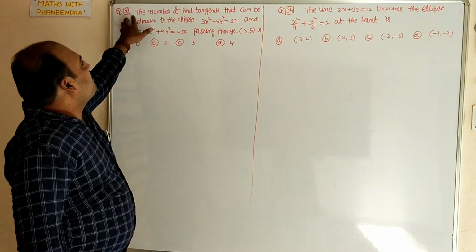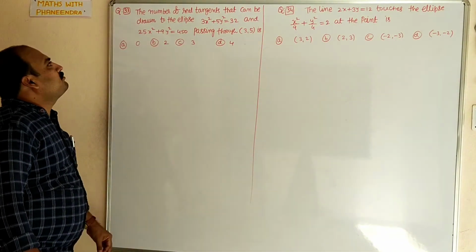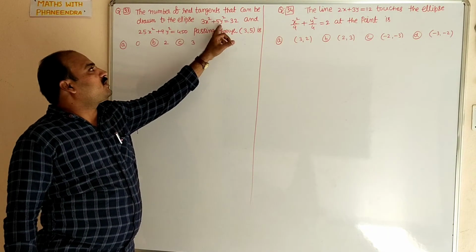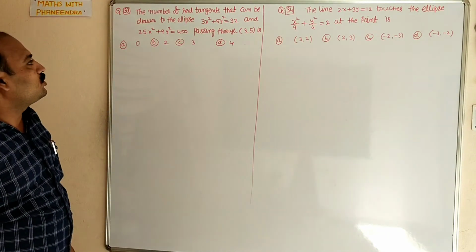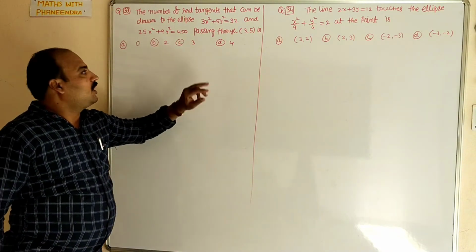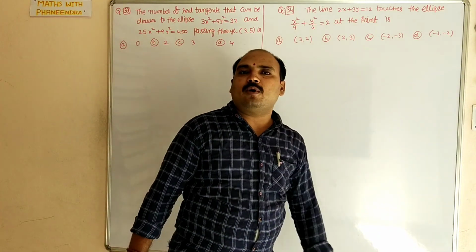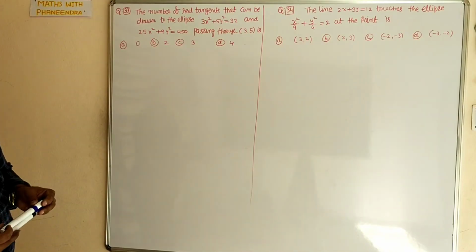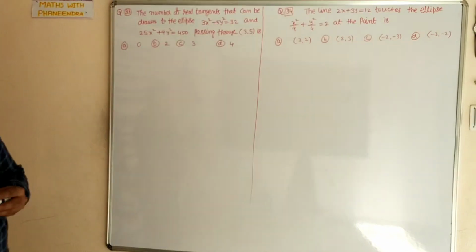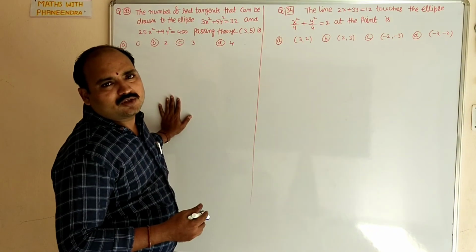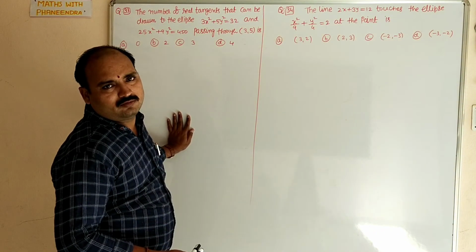See here: the number of real tangents that can be drawn to the ellipse 3x square plus 5y square equal to 32 and 25x square plus 9y square plus 450, passing through 3 comma 5. How do we get the real tangents that can be drawn to the ellipse? Generally, from an external point, 2 tangents will be available.